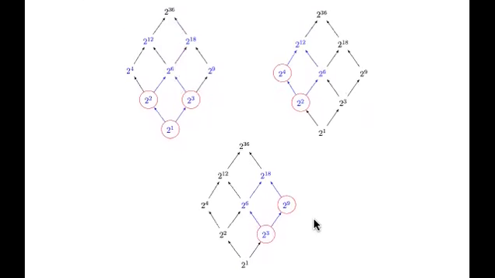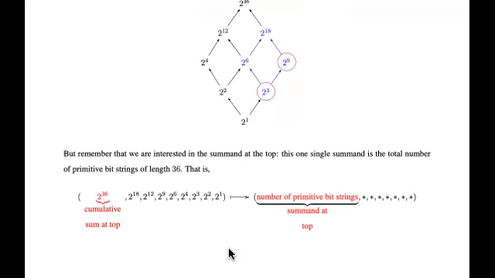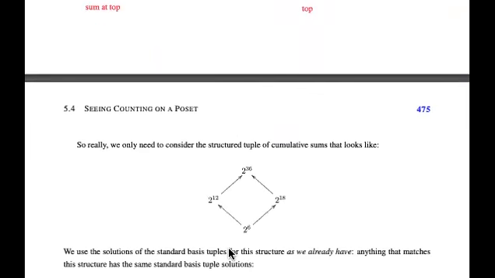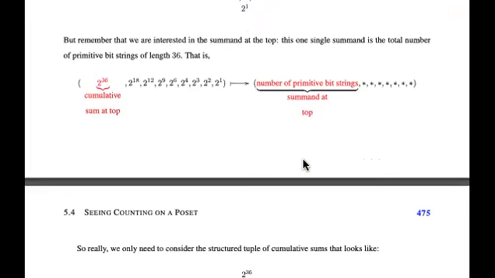So as we go along, remember, we're interested in the summand at the top, so we're trying to get up there. We only need to consider the structure tuple cumulative sums that look like this at the way top. Just this one right here. Everything else, we don't have to worry about. It's just this structure right here, because everything else will have a summand that doesn't quite make it to the top.